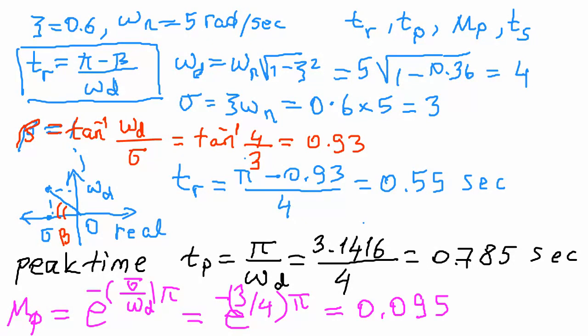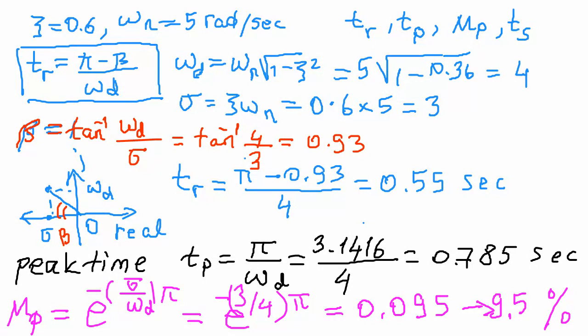So that means overshoot is 9.5%. Okay, we already obtained it. It's nice, by the way. Below 10% is a very nice overshoot.